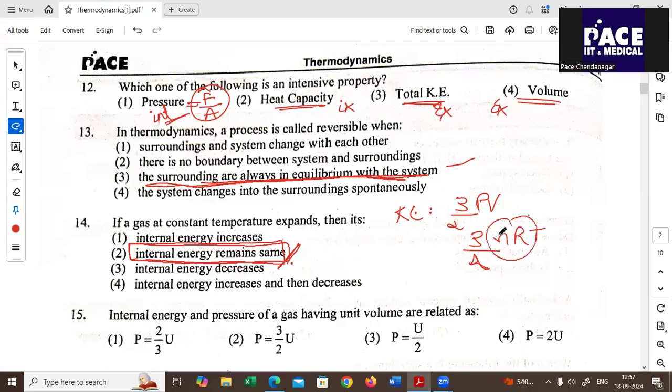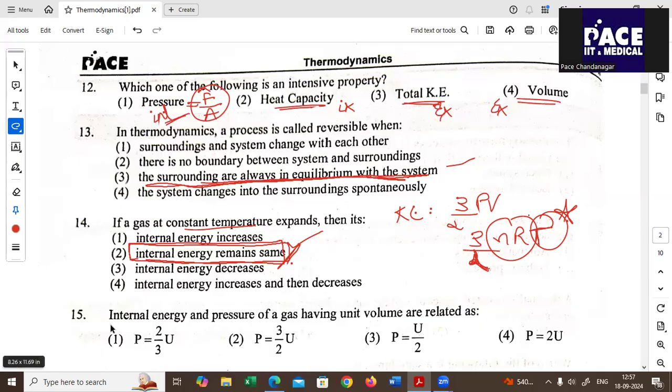So here number of moles are not changing, R is not changing. So it is dependent only on the temperature. Then kinetic energy is only dependent on the temperature. At a constant temperature, they say, so therefore it is remaining the same, right?